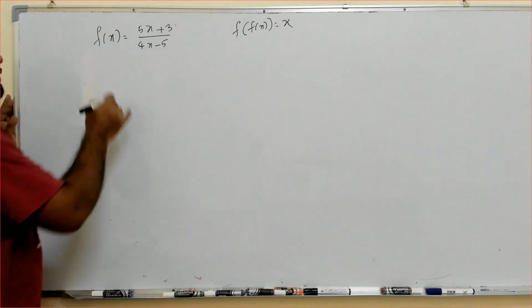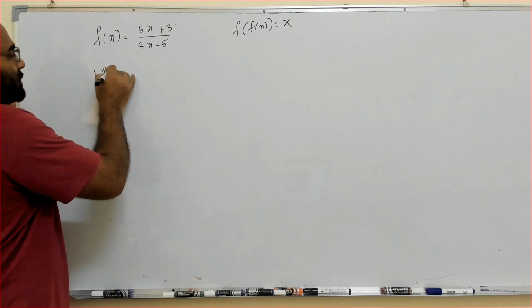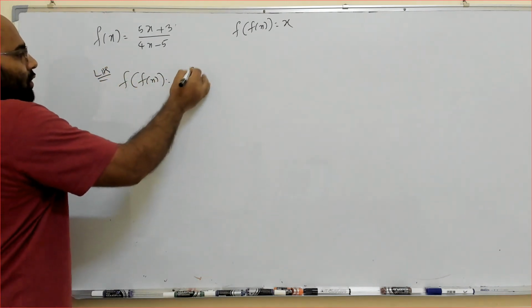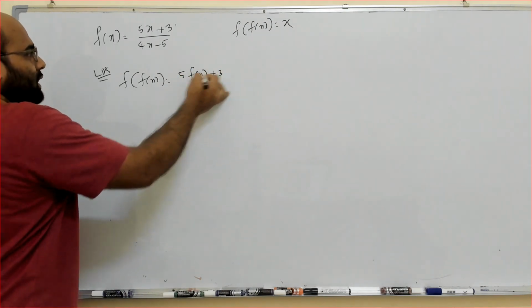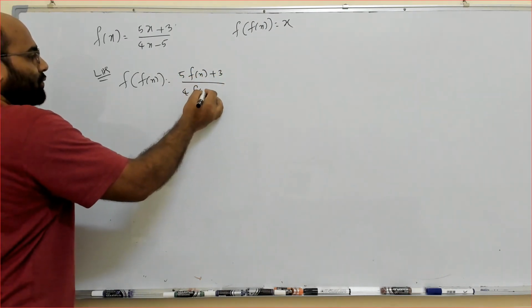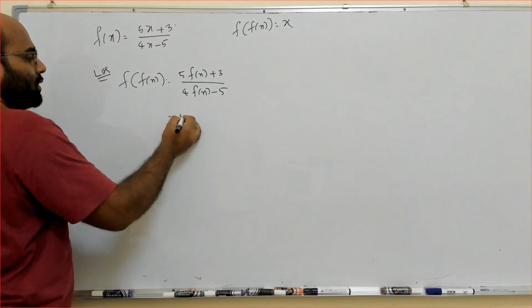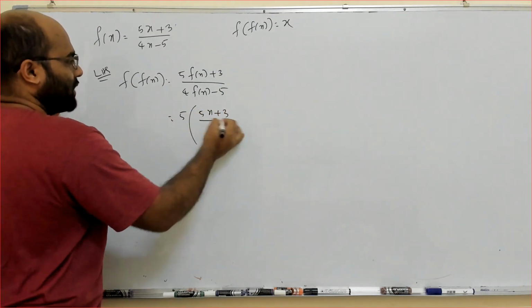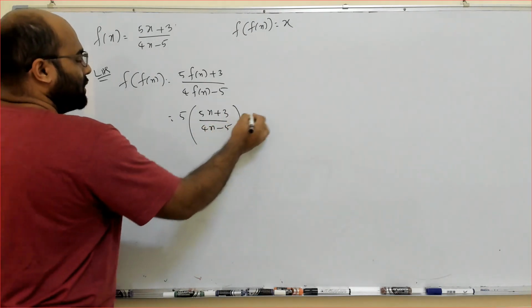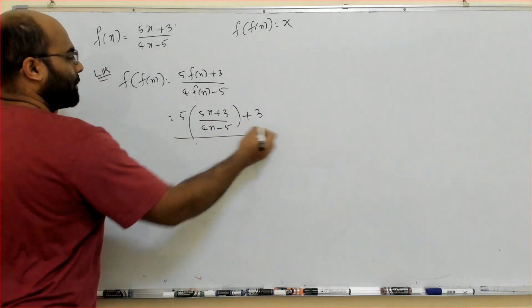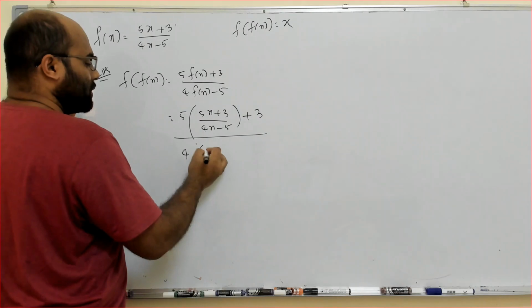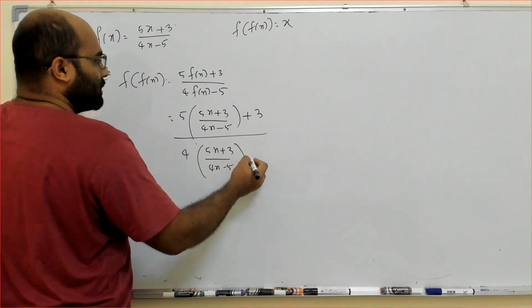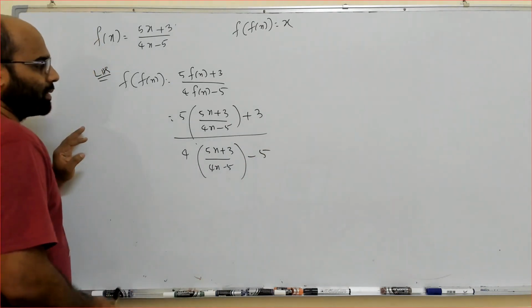So what is f of f of x? LHS part, f of f of x equal to 5 into f of x plus 3, by 4 into f of x minus 5. What is f of x? That is 5 into 5x plus 3 by 4x minus 5 plus 3, divided by 4 into 5x plus 3 by 4x minus 5 minus 5. Take LCM and simplify.